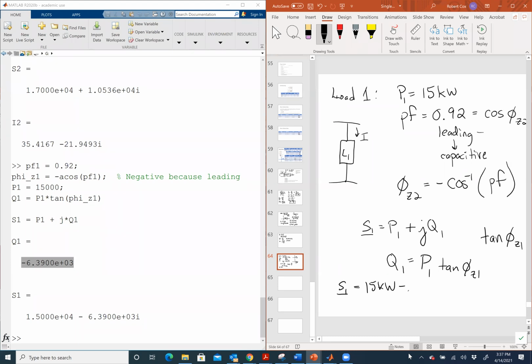I'd say minus j times 6.39 kVAR, not millibars. Millibars would be nothing. 6.39 kilovars, right?